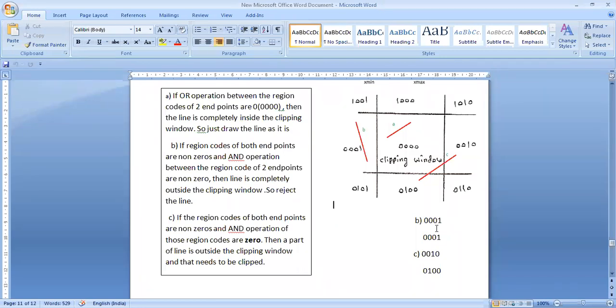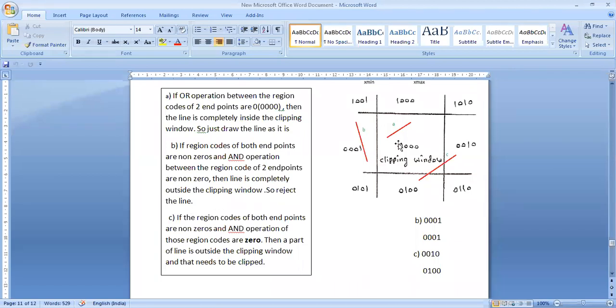The AND operation between the two endpoints is non-zero, so I say the line is completely outside the clipping window. In that case I will reject the complete line, that means I will eliminate it.